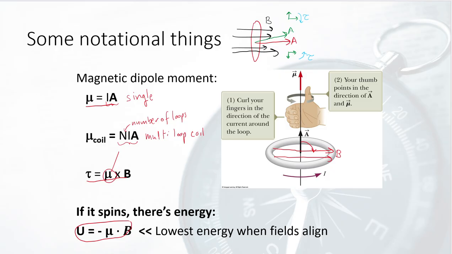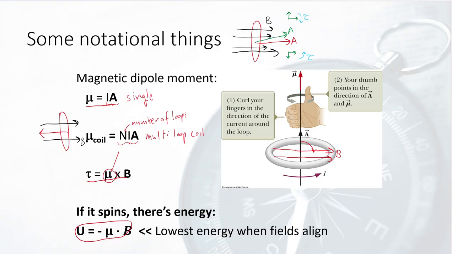Conversely, if we take the area vector, I'm going to move over to this side just for the space. If we take the area vector and set it up pointing this way, but we have our magnetic field vector pointing in the opposite direction, like so.